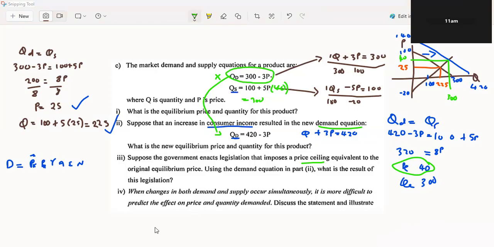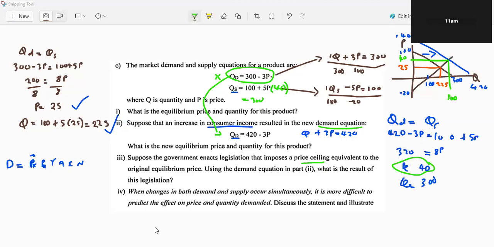So this legislation will have the following implication. Number one, if the government will decide to impose a price ceiling at the original price, our equilibrium price was 25.